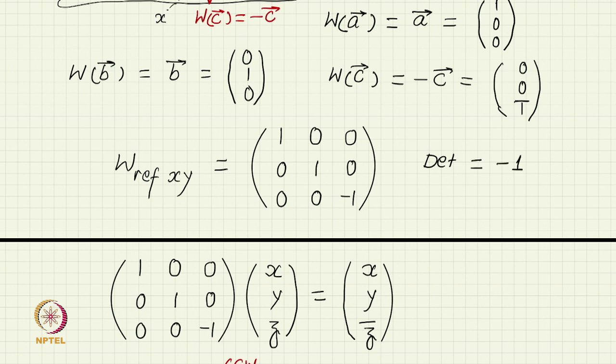This difference in determinant actually has a physical origin in terms of the handedness. What does reflection do to handedness? Handedness changes. So, reflection will always reflect a right handed glove into a left handed glove, a right handed object into a left handed object.